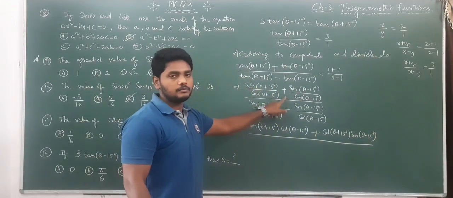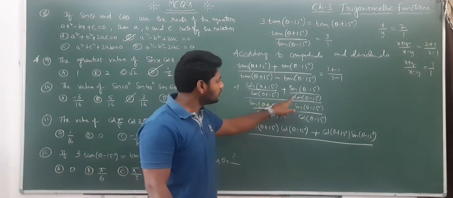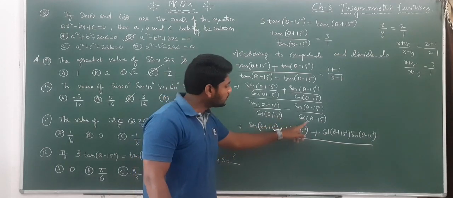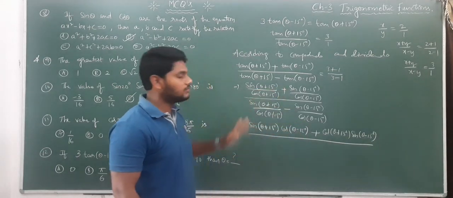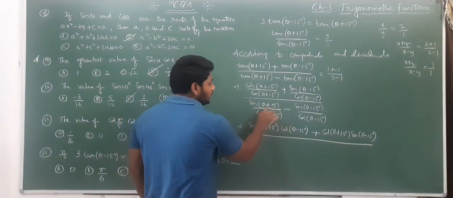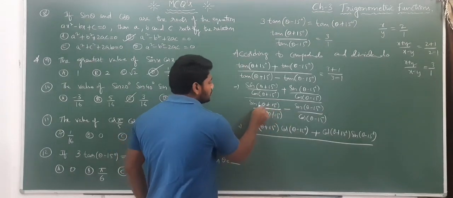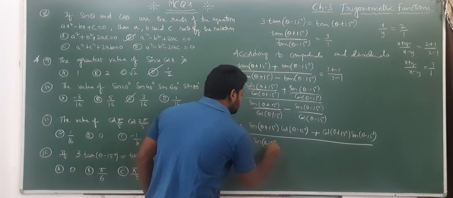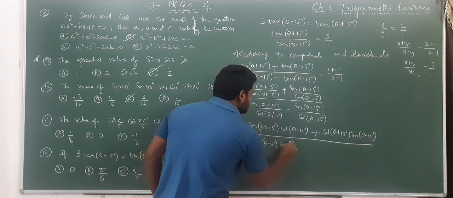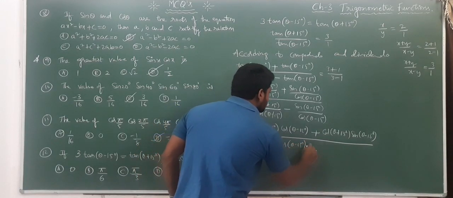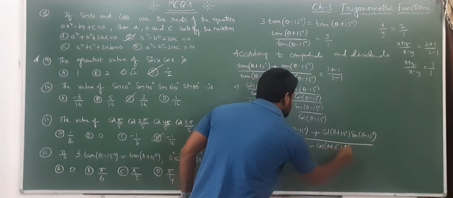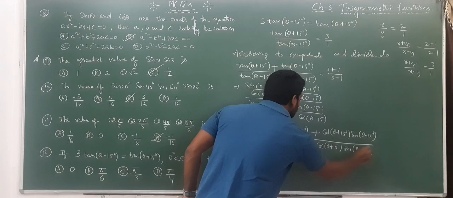The LCM for the numerator is cos(theta plus 15) into cos(theta minus 15), and for the denominator it is also cos(theta plus 15) into cos(theta minus 15), so those LCMs get cancelled. In the denominator the numerator becomes sin(theta plus 15) into cos(theta minus 15 degrees) minus cos(theta plus 15) into sin(theta minus 15 degrees).